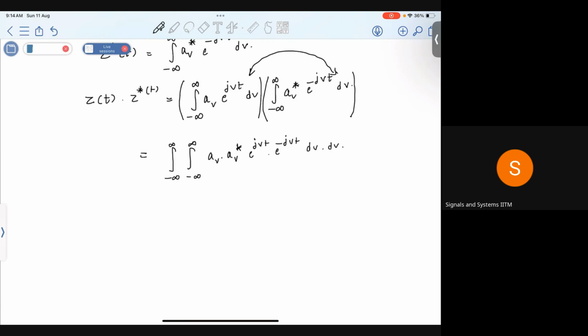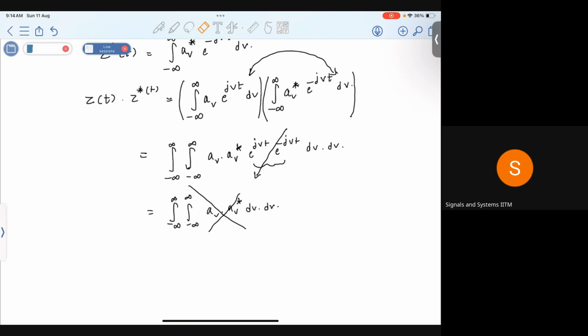So I can just interchange the integrations. When I use the same variable, in notation these two exponentials cancel with each other, and you will be left with the double integral of A(v) A(v) star dv dv. This is not correct at all.